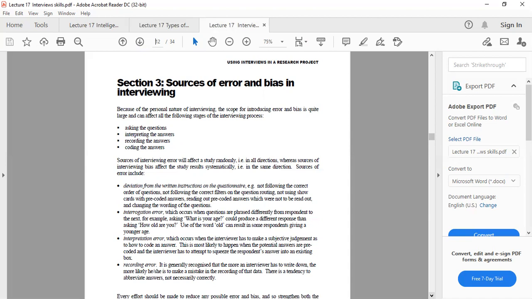Then come interpretation errors, which occur when the interviewer makes a subjective judgment on how to code an answer. And then come recording errors, when the interviewer writes down and records inappropriately.